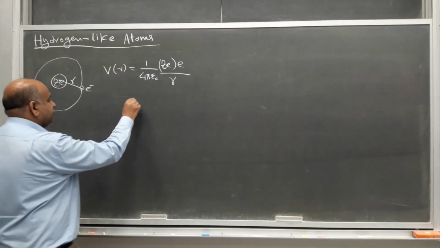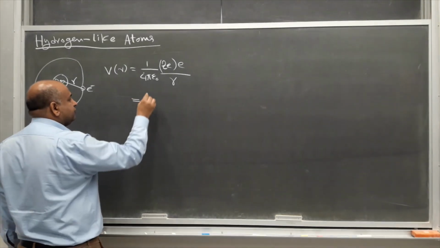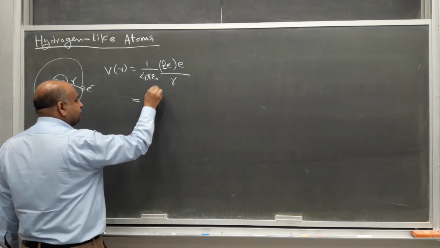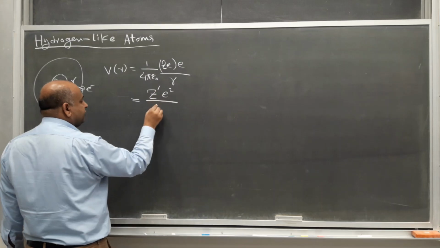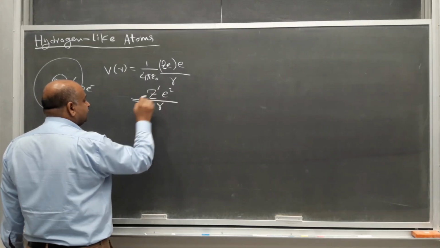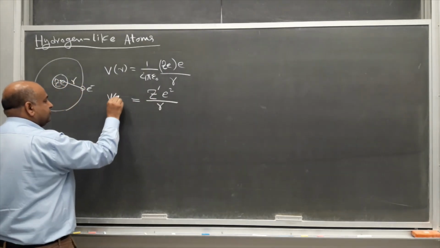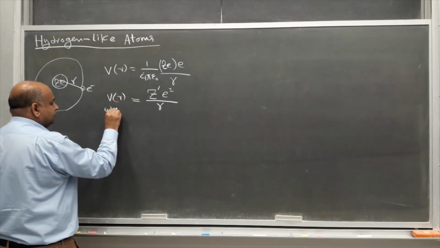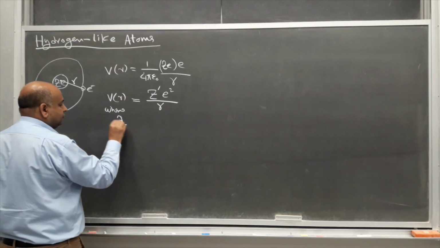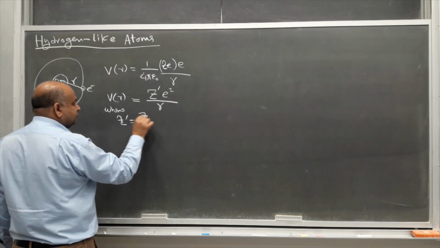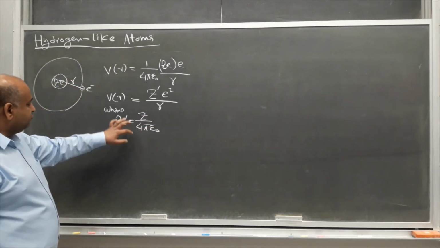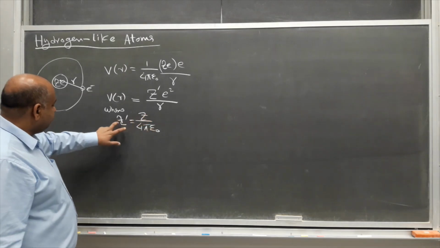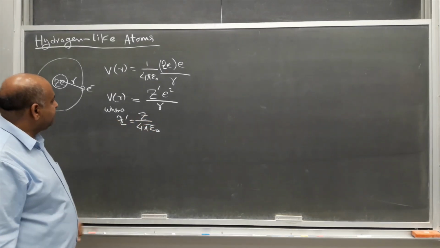And since we are going to be using it in several calculations, let me define this new parameter Z prime such that Z prime is Z over 4 pi epsilon naught. So that we don't have to keep writing all of this again and again, we can just write this.